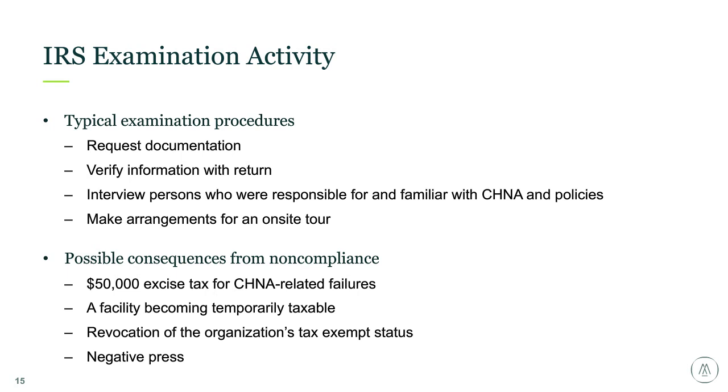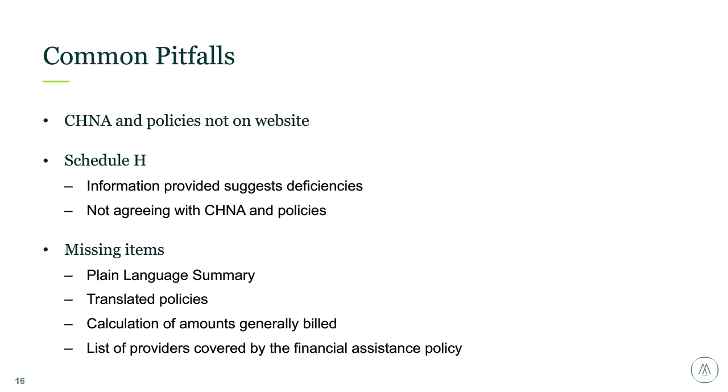So, some common pitfalls. One, what we're seeing the most is that the CHNA report and the policies are not on the website. This is going to trigger an exam almost always.